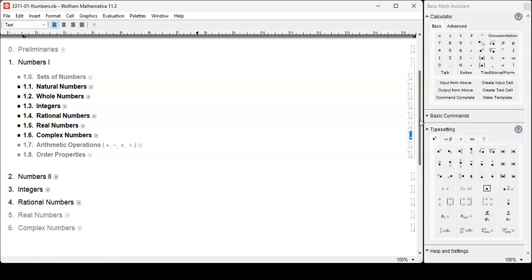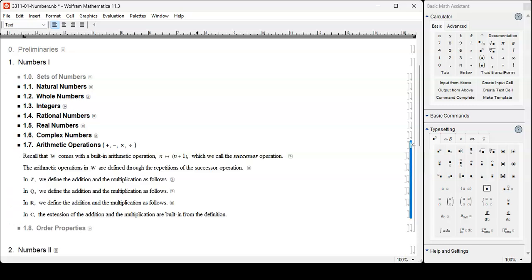But that's not the end of all the properties of numbers, I'm afraid. You see, how about some arithmetic properties? Addition, multiplication, subtraction, and division, those kinds of things. Let's talk about those. We know how those were built for whole numbers.